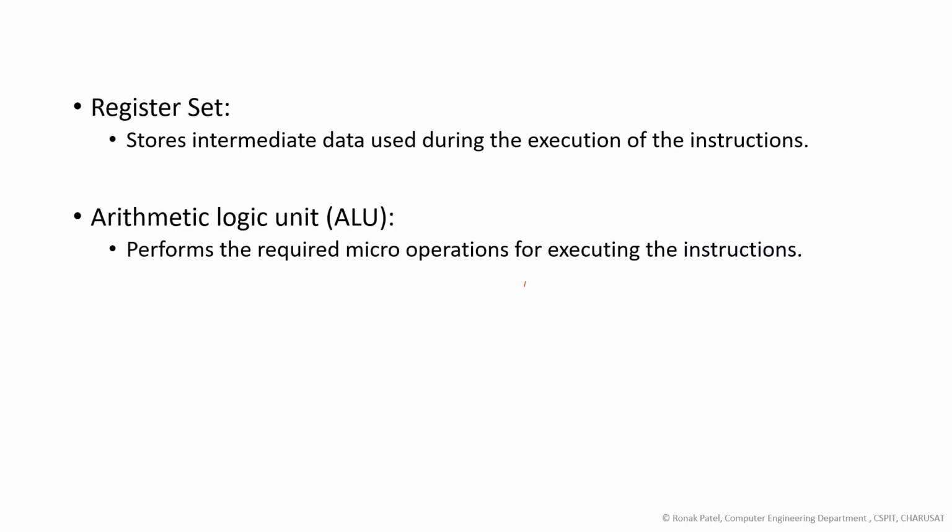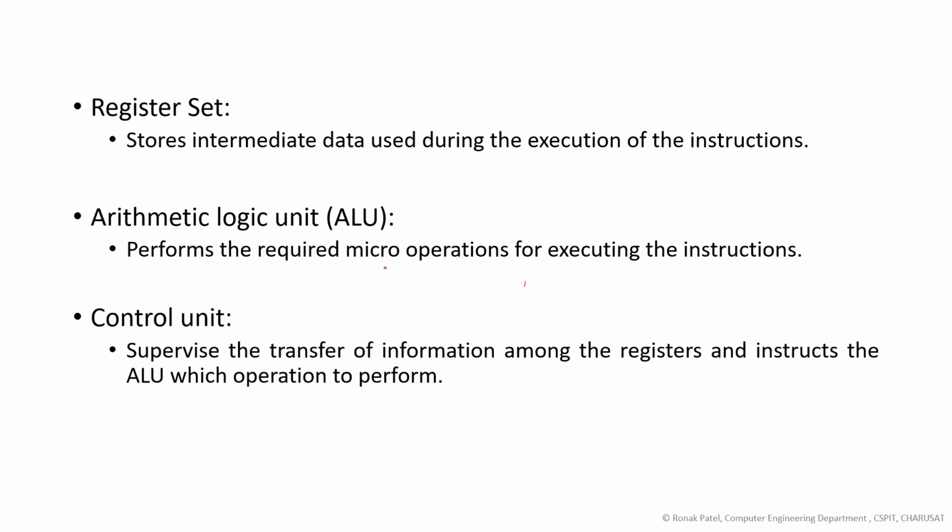Then your ALU performs the required micro-operation for executing the instruction. Like if you have an add instruction, it performs addition. If you have a sub instruction, it will perform subtraction, and also the or operation. That is done with the help of the ALU.